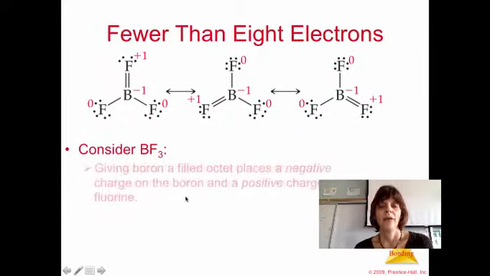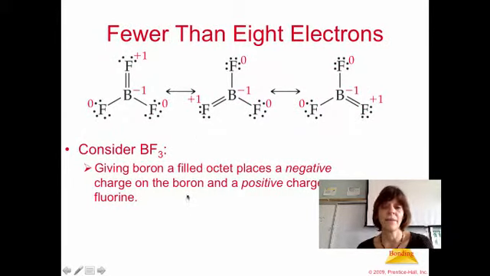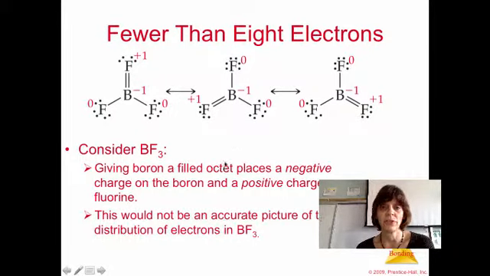Fewer than 8 electrons, that happens with, of course, hydrogen, which can only have 2, but also in the case of boron, because boron, when it makes structures, could double bond to give itself an octet, but it only has 3 valence electrons, and being a very small atom, we find that it gives it a negative charge, which it can't handle.